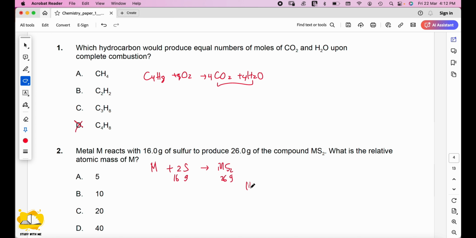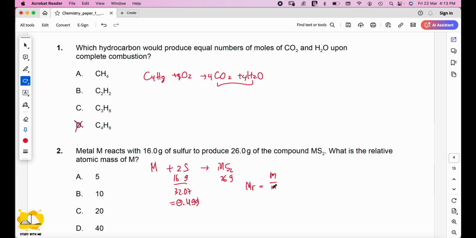To find the molar mass of MS2, we need to find the mole of MS2, because the formula is Mr equals mass divided by n. To find the mole of MS2, we can use the mole ratio by finding the mole of sulfur, which is its mass divided by its molar mass, 32.07, and you will get 0.499.